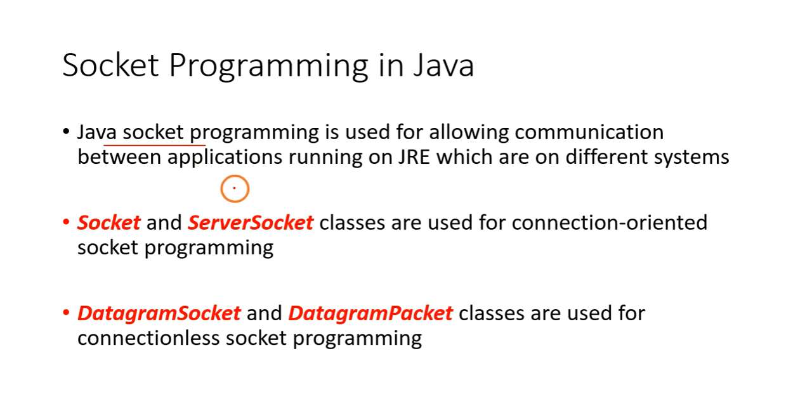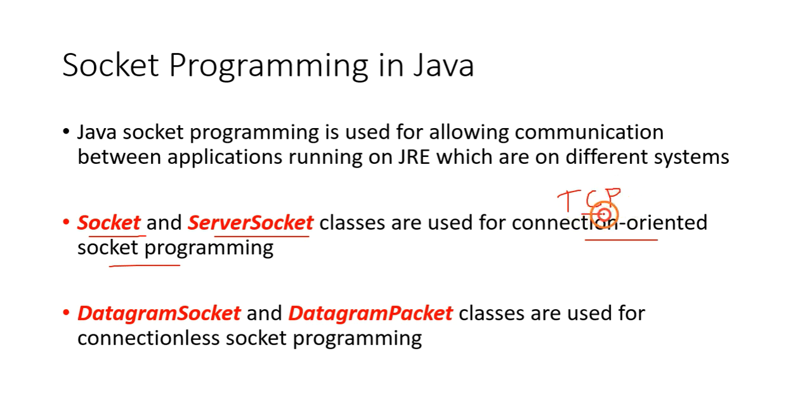Now we have different classes for socket programming. One set of classes is Socket and ServerSocket. These classes are used for connection-oriented socket programming. Connection-oriented means it uses a protocol called TCP, Transmission Control Protocol.